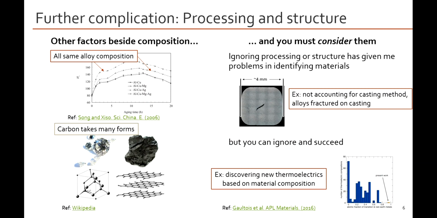And they did this by explicitly ignoring the fact that thermoelectric materials only have good properties within certain structures that are arrived at using very particular processing techniques. Ignoring all that allowed them to still find a good material. So it's not to say that if you ignore process or structure, you are doomed to failure. It's just that you have to think carefully about what your data set was comprised of, and you may expect surprises such as cracking and shattering materials when you try to synthesize them.